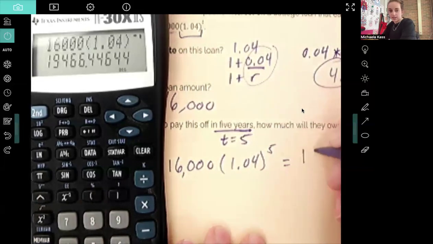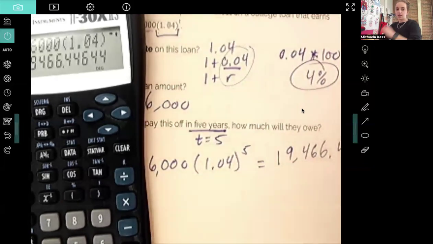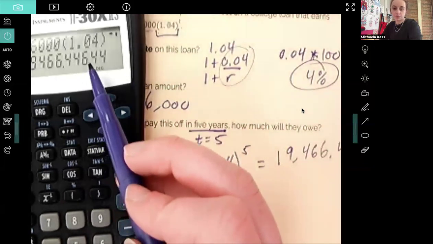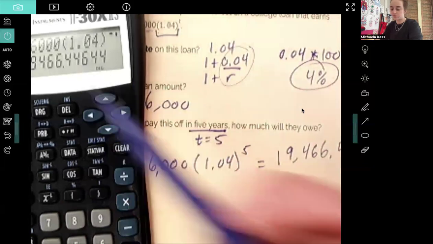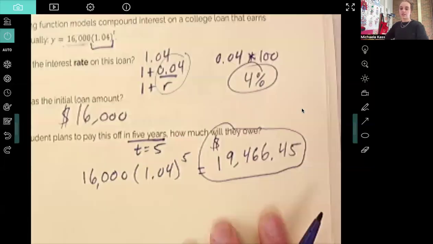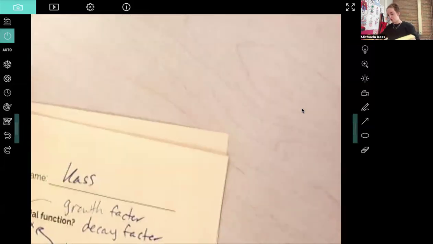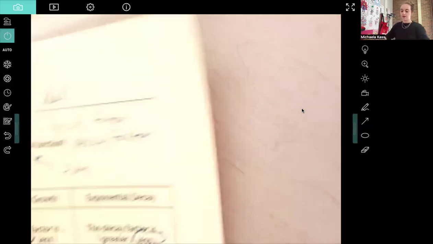Okay, so I got $19,466.45. Again, why did I round? The third decimal is larger than 5, so it rounds it up. So they will owe $19,466.45.